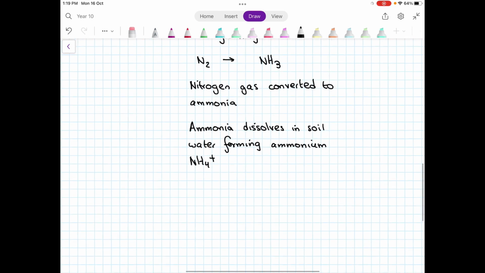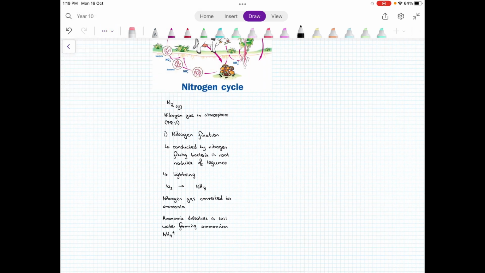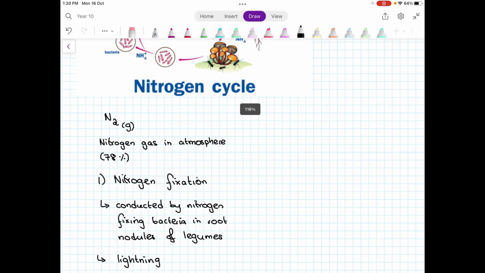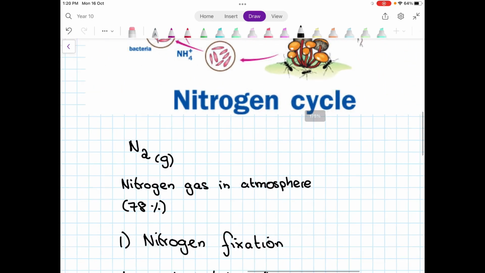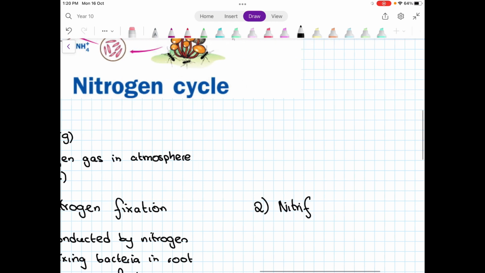Okay, so now this brings us to our second stage of the nitrogen cycle, which is nitrification. So step 2. Nitrification. So this process is carried out by nitrifying bacteria.